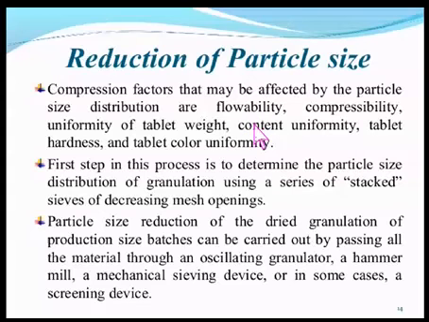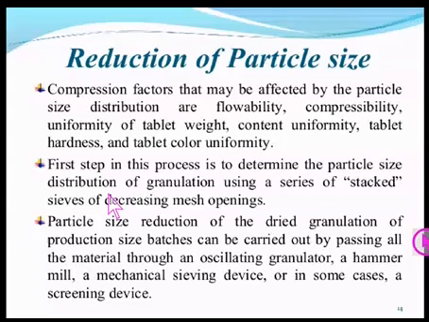So it is a must to optimize the particle size distribution of the granulation material so that all the features like flowability, compressibility, content uniformity, tablet hardness, and tablet color uniformity will get optimized. And this can be done by carrying out the trials.